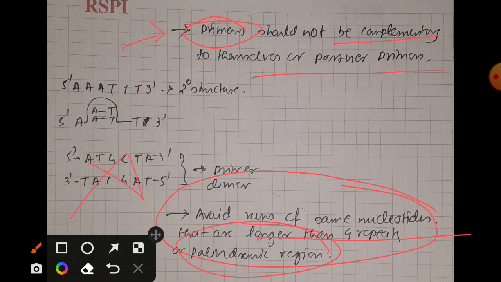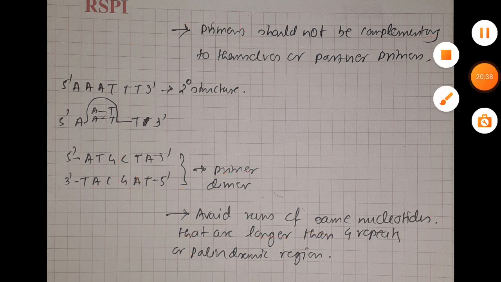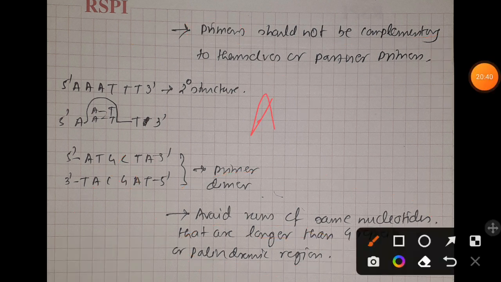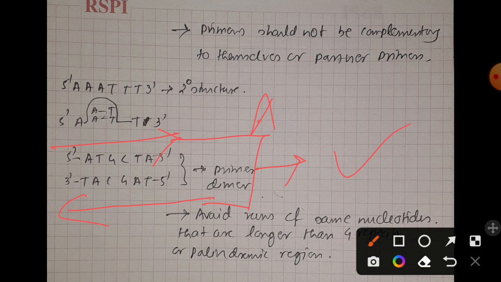Okay, palindromic regions means, suppose these things are palindromes. If you try to read this from this direction, the thing you will get, if you try to read this in this direction, the thing you will get will be exactly the same. Okay, that is the meaning of the palindrome, because then they will promote primer dimer.